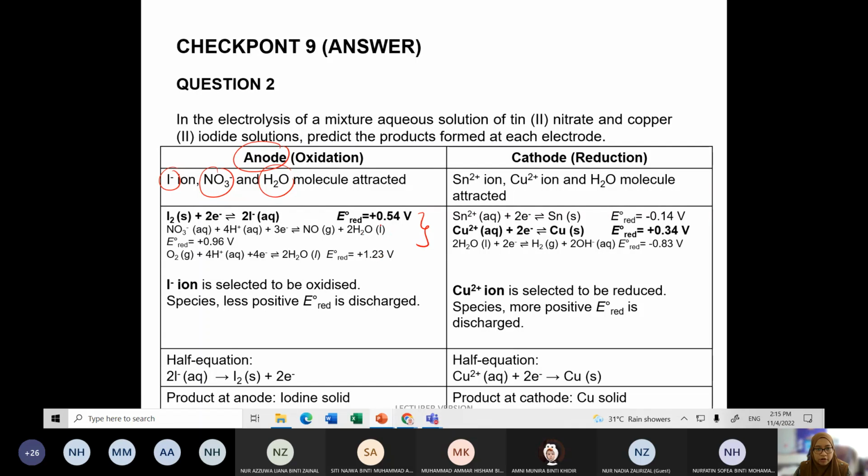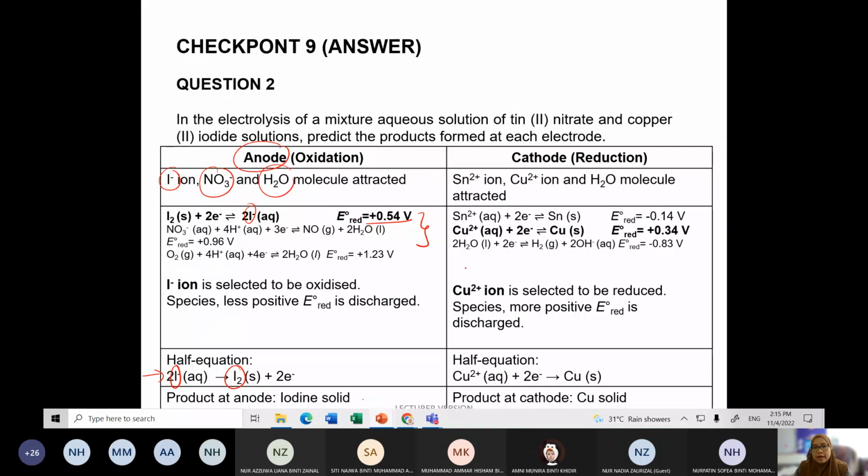So the one that has the more negative value is iodide. So iodide will be chosen, and then iodide will undergo oxidation. So this is the equation of the oxidation of iodide. So this is the product. So iodine solid will be produced at the anode as the product.